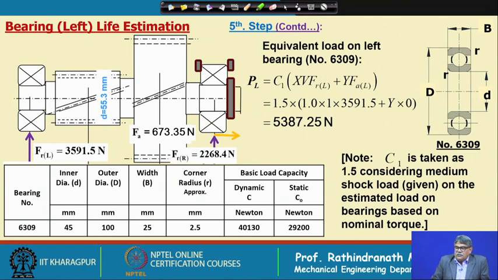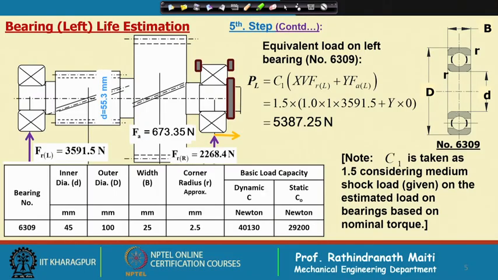Here, interestingly, I would like to say that in case of gear calculation, the torque we have multiplied by 2. That is, from considering the shock load, one is medium shock load, and another point is that starting torque is always 200%. The system is like that, starting torque is 200%.